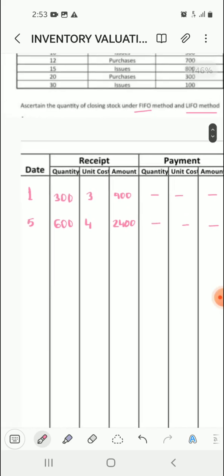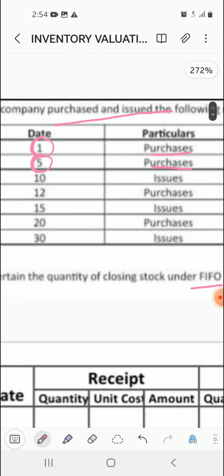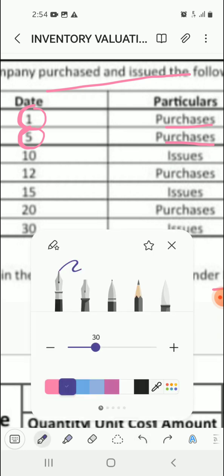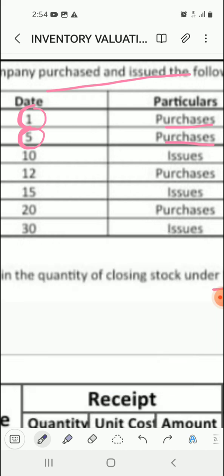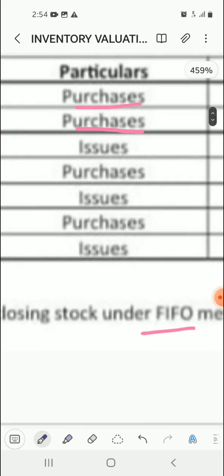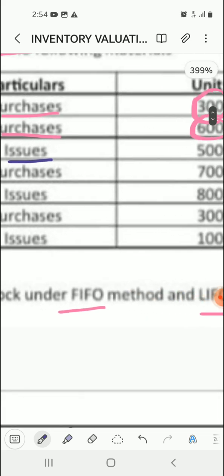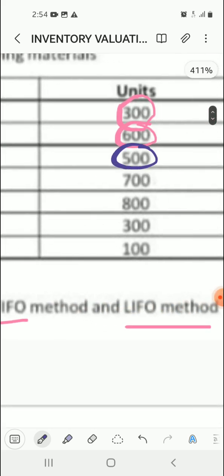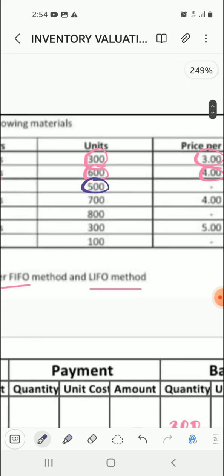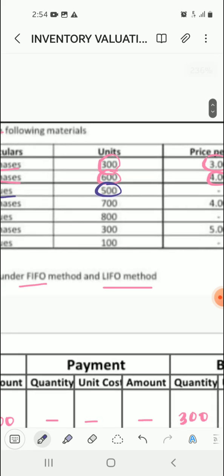Now once we are done with these two dates, we are going to move to the next date. In the question, the next date is 10 and this time it has been issued. So let's use a different color to make it a bit distinct to avoid confusion. See, the date is 10 and there is an issue of 500 units. Per unit prices are not given because that is what we have to find.